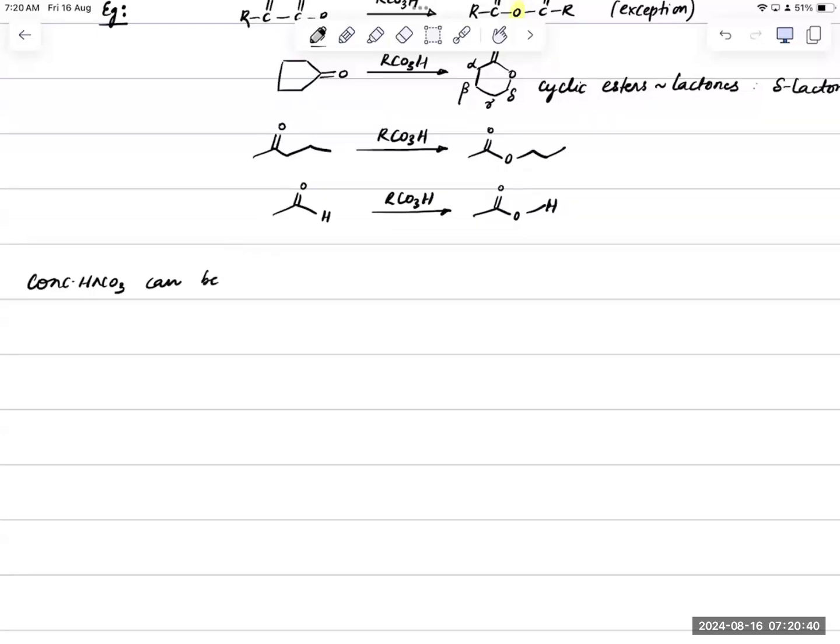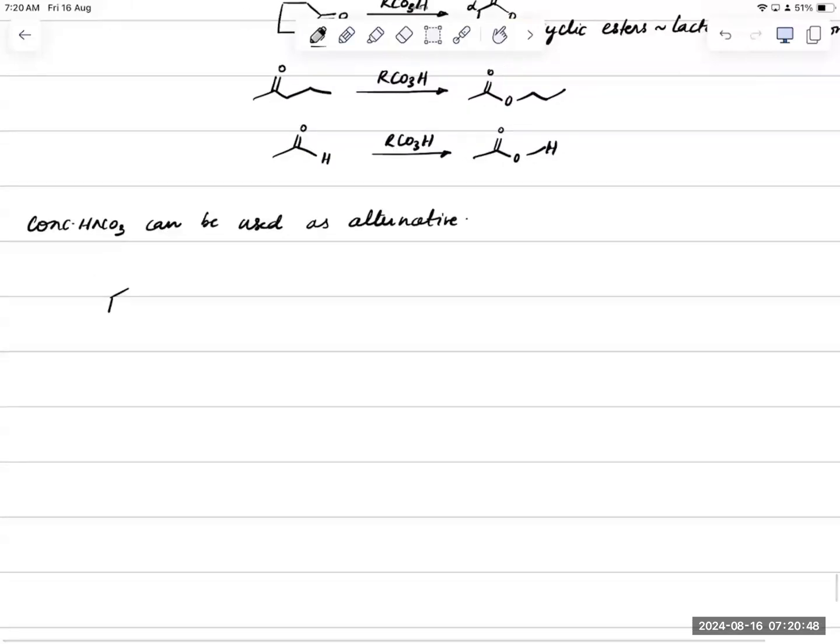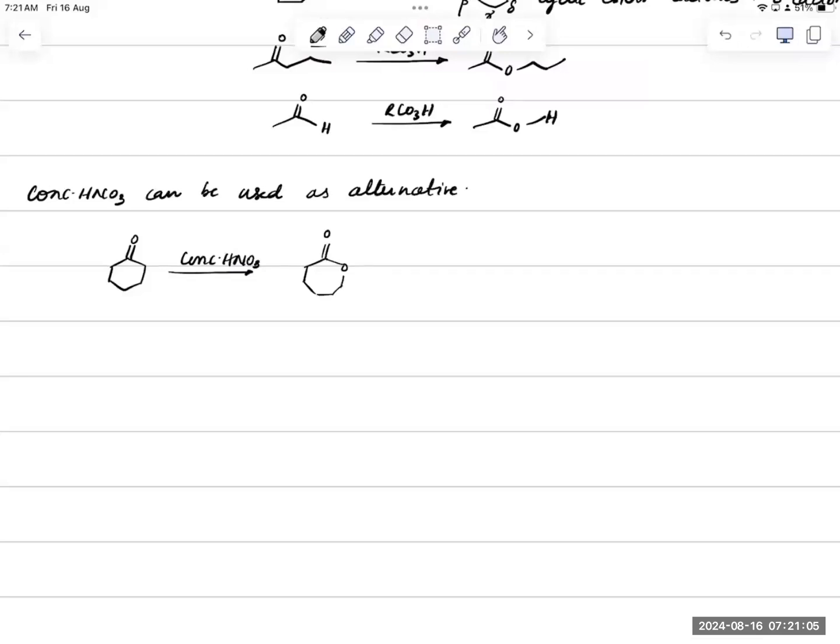Can be used as an alternative. That is, if you have a double bond O here and I use concentrated HNO3, because concentrated HNO3 will also release nascent oxygens, we can expect first an ester formation here, cyclic ester formation here.